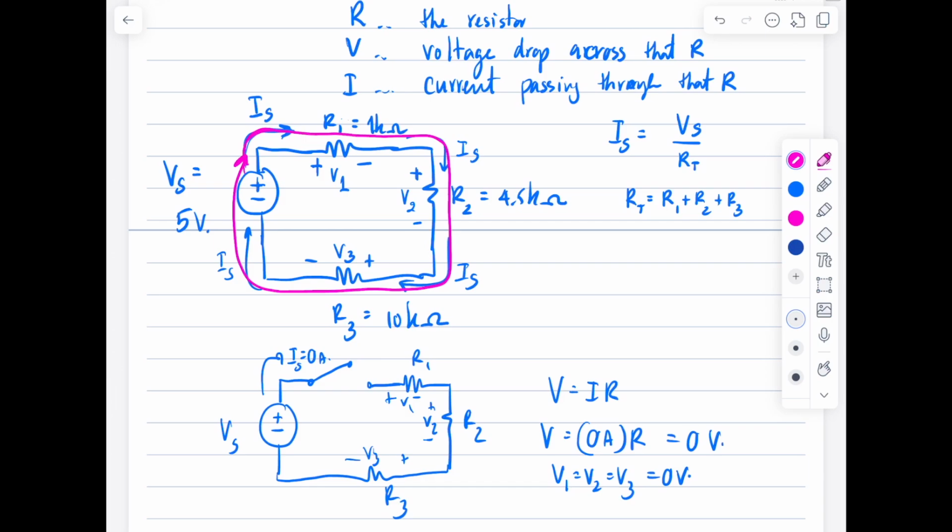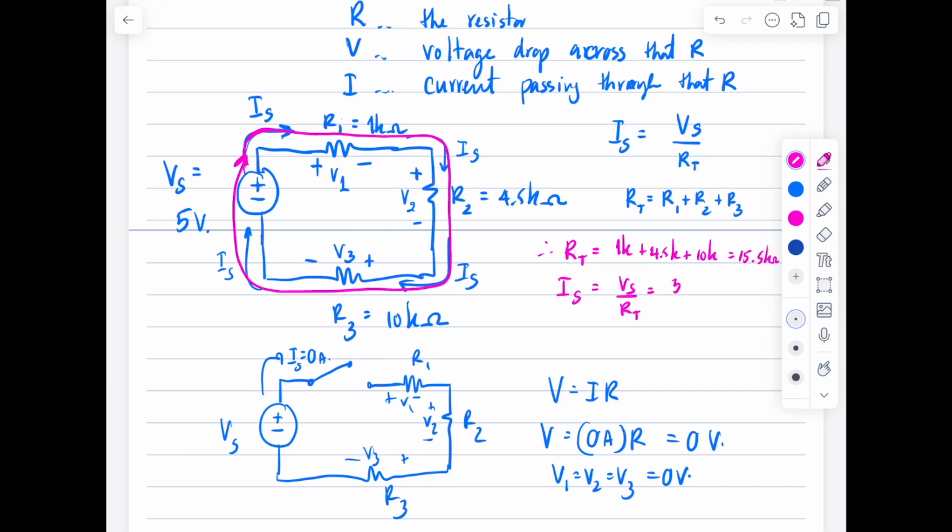Okay, so now back to your R total. Your R total is equal to 1K plus 4.5K plus 10K, which is equal to 15.5K ohms. So using Ohm's law, IS is equal to Vs over R total.